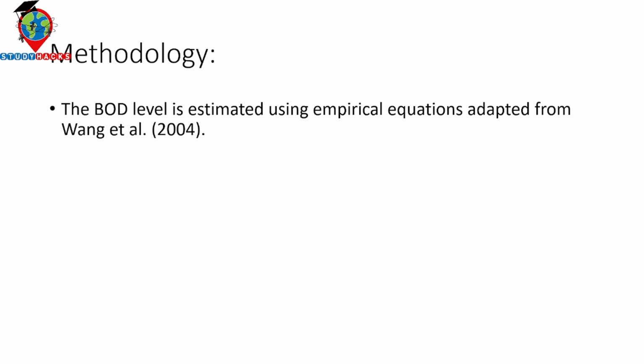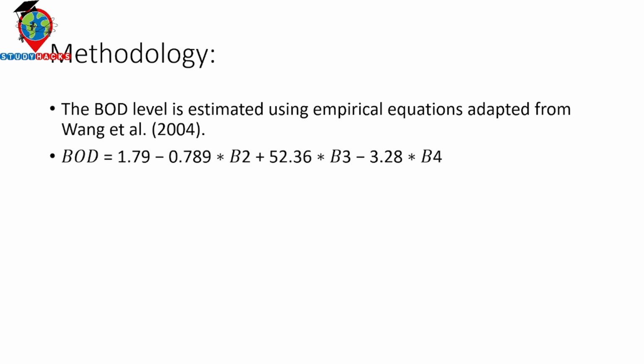Now, the method. In this case we use the method of Wang. The BOD level is estimated using the empirical equation adapted from Wang. The equation is 1.79 minus 0.789 multiplied by the B2 band, plus 52.36 multiplied by the B3 band, minus 3.28 multiplied by the B4 band.